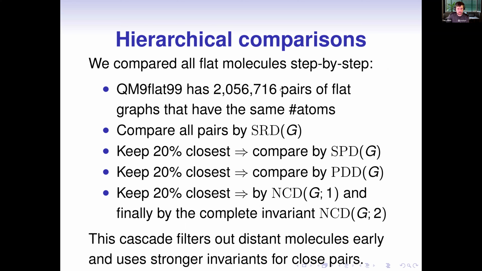So here is the hierarchy. We start from the large number, then we compare all of them, then we take the 20% closest and go to a more complicated invariant, again the 20% closest and more complicated, and in the end the most complicated invariant is computed only for a handful of the molecules.